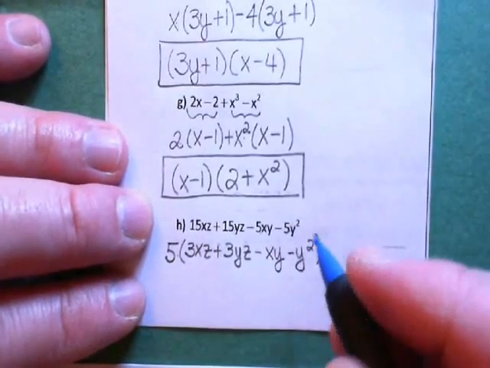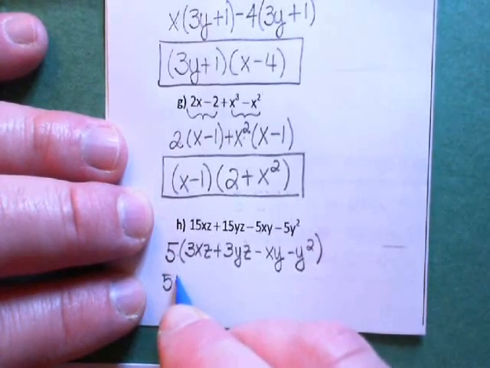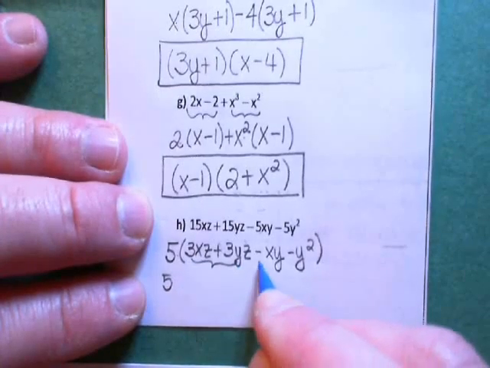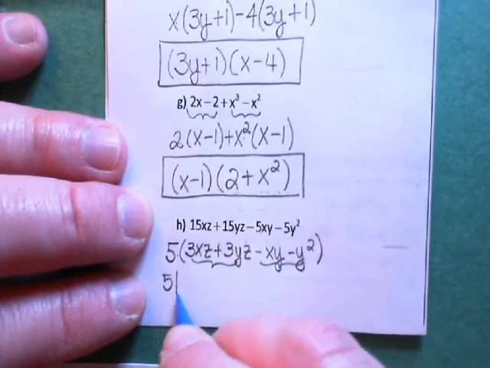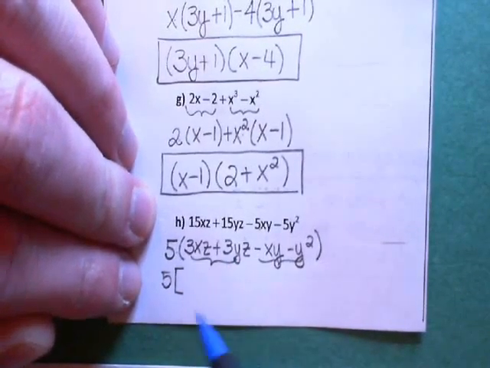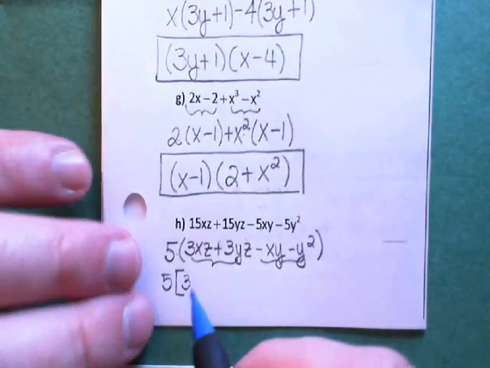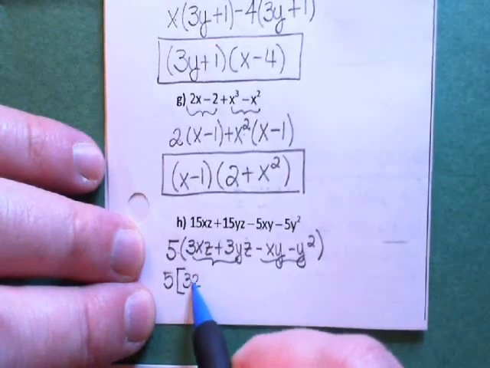Very good. Now that we have that, let's just keep the 5 there, and let's go ahead and put a bracket. Basically, what can I factor from the first two? I can factor a 3 and a z.